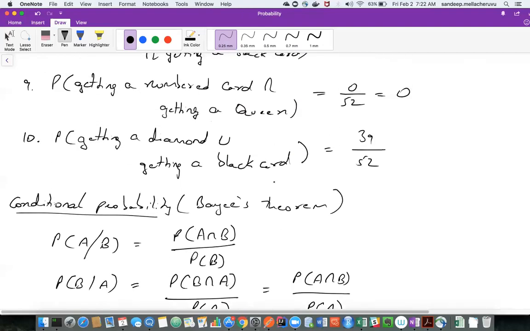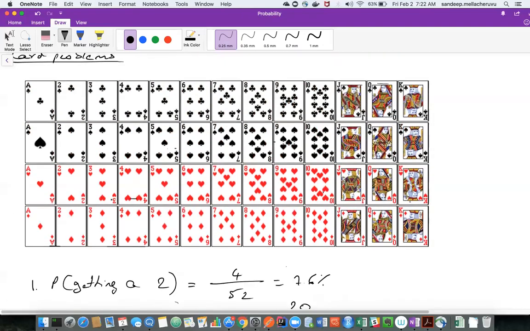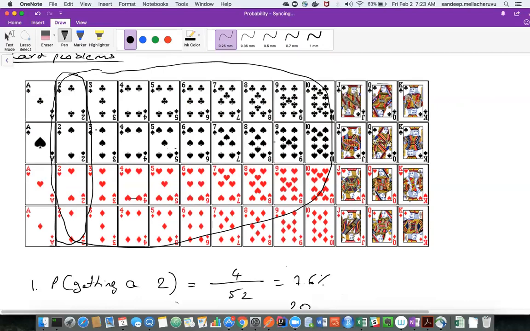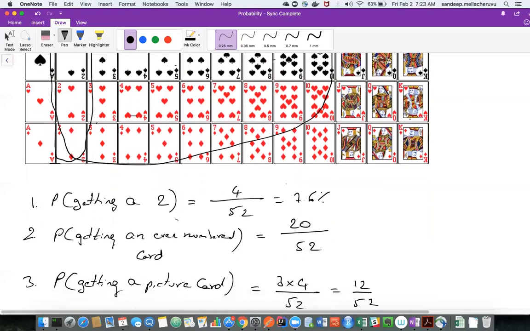Let's see how it goes. Probability of getting a 2: this is the event space for it. Probability of getting a numbered card: numbered cards are all these 36. I am doing an intersection. Intersection will become 4, so 4 by 36.